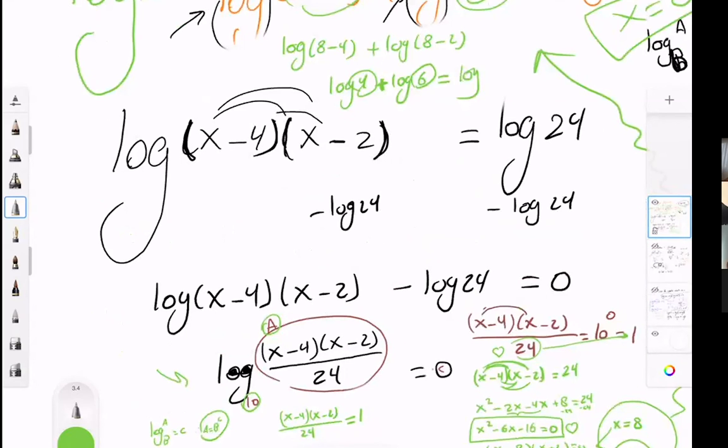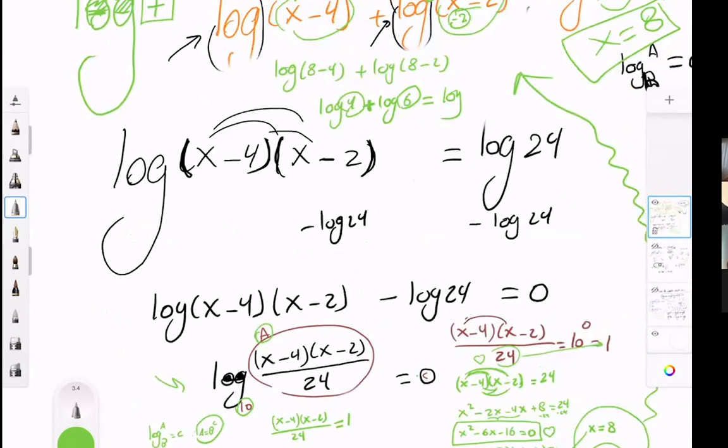Just for your information, there is a shortcut, only for this particular question. If you see an equal sign with only a single log on one side and a single log on the other side, you can just get rid of the logs.